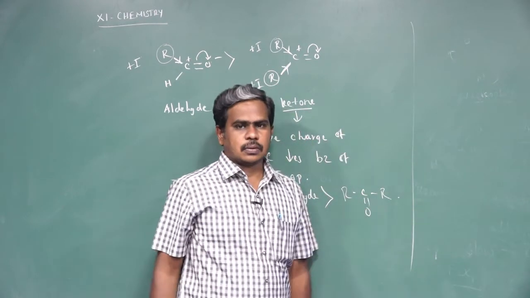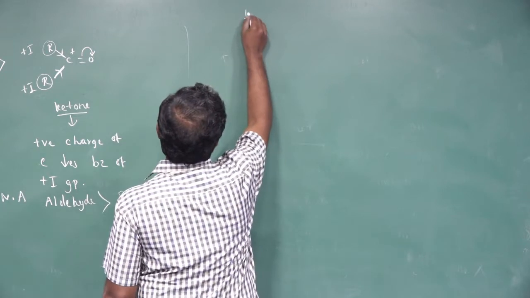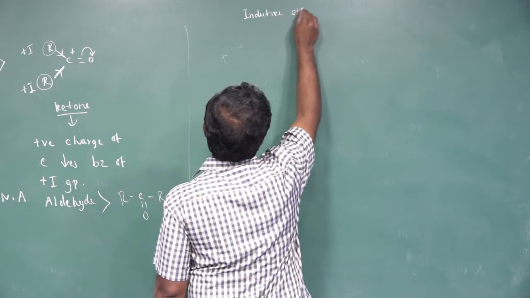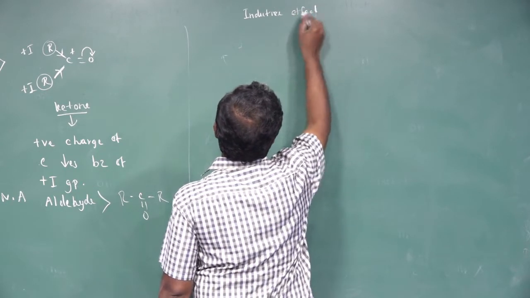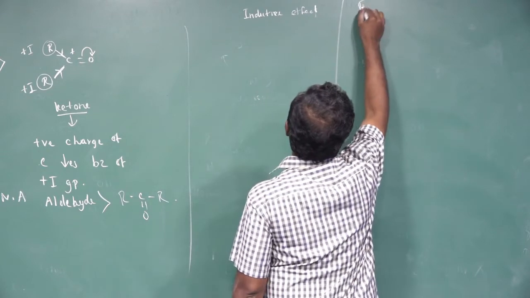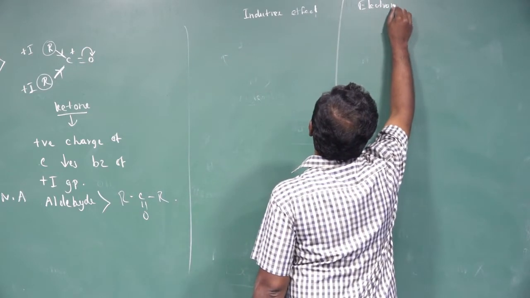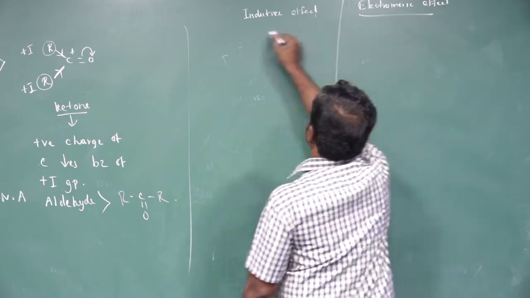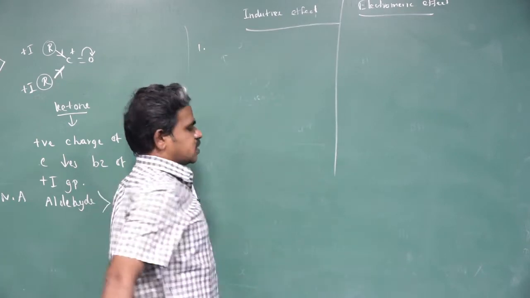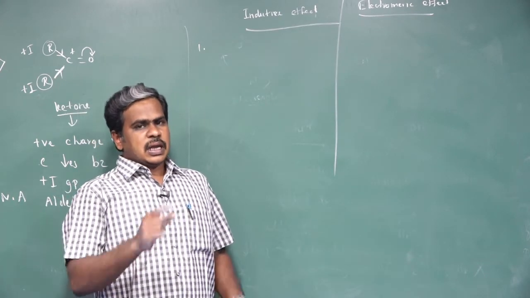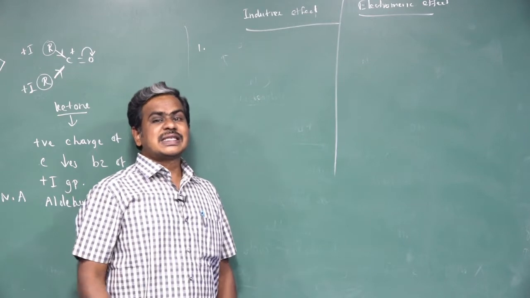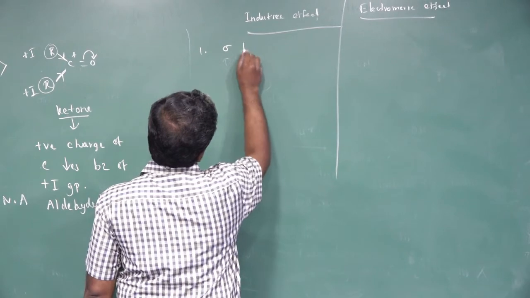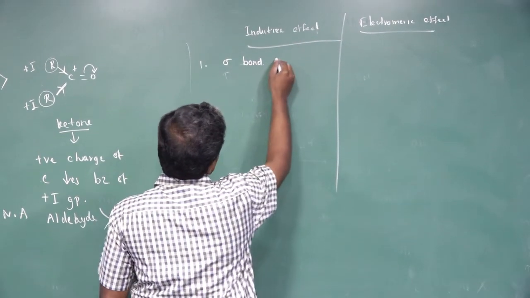Okay. Now, what is the difference between inductive effect and electromeric effect? Listen. The first difference is that in the inductive effect, the sigma bond is transferred.